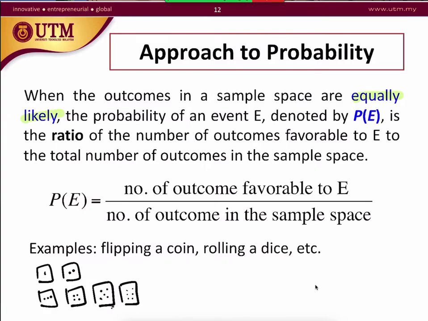So probability is the ratio of the number of outcomes to the total number of outcomes in the sample space. Let's say we wanted to roll the dice only once, one time only.